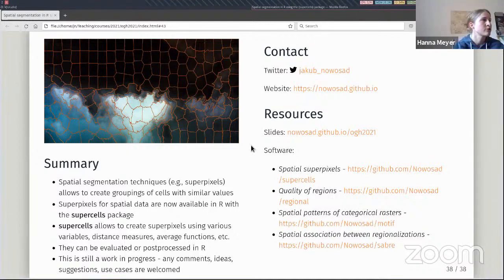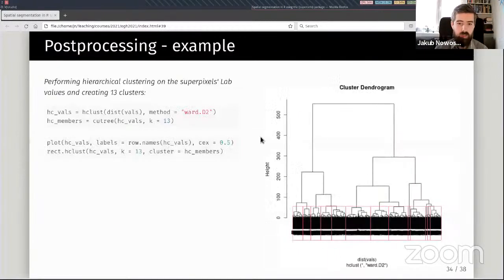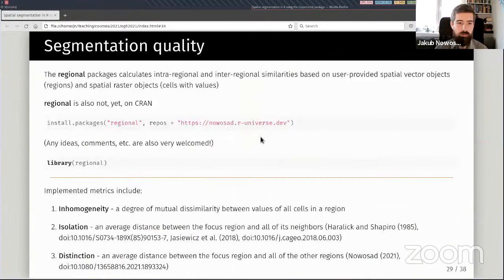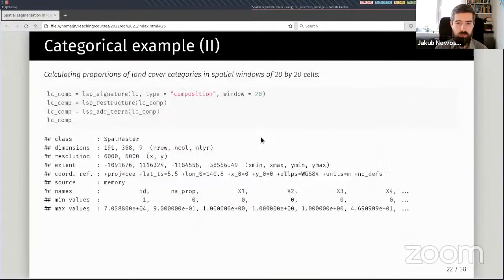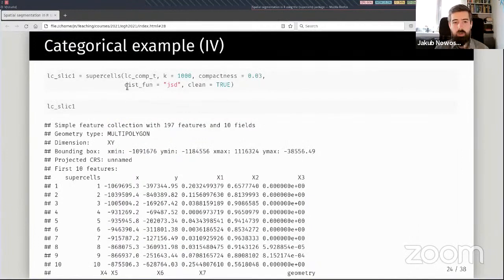Okay, then we have a question. The Mahalanobis distance is not included. How could it be added before waiting for an update of the philentropy package? Long story short, here you can see that we've got the dist_fun argument, and in the current form, we've got three options.